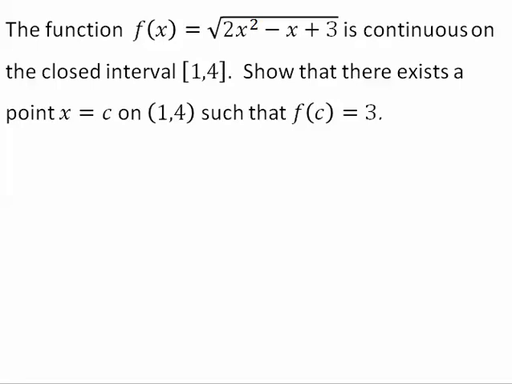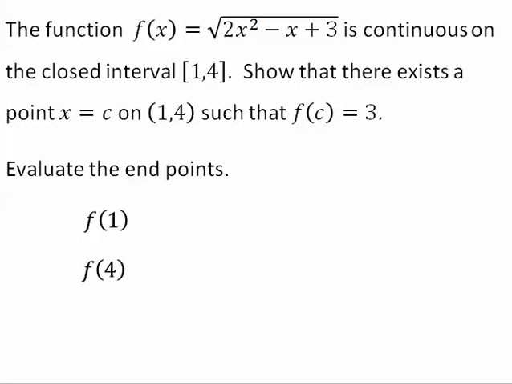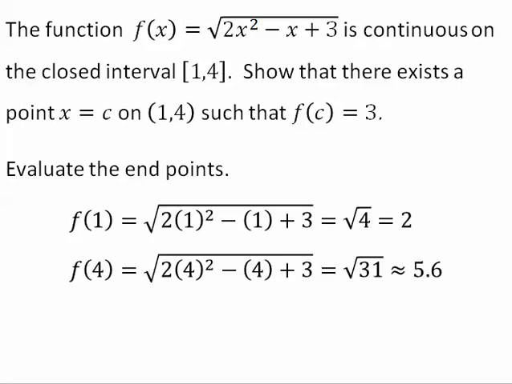This function is continuous on the closed interval from 1 to 4. Show that there exists a point on the open interval from 1 to 4 such that f of c equals 3. Well, we're just going to use the rules for using the intermediate value theorem. It's continuous on a closed interval, so what we need to do is find the value of the endpoints. f of 1 is equal to 2, and f of 4 is equal to 5.6.